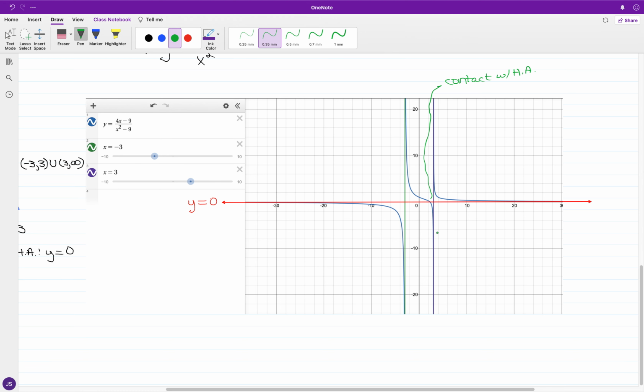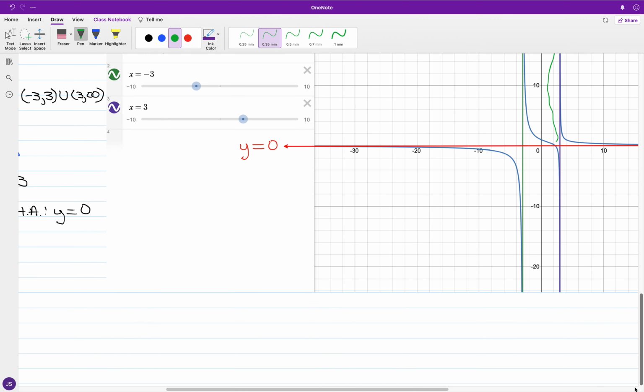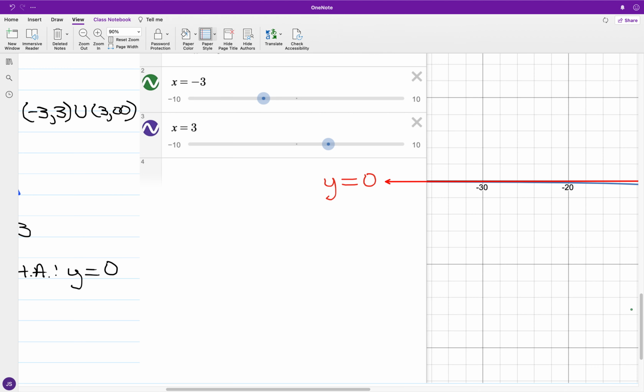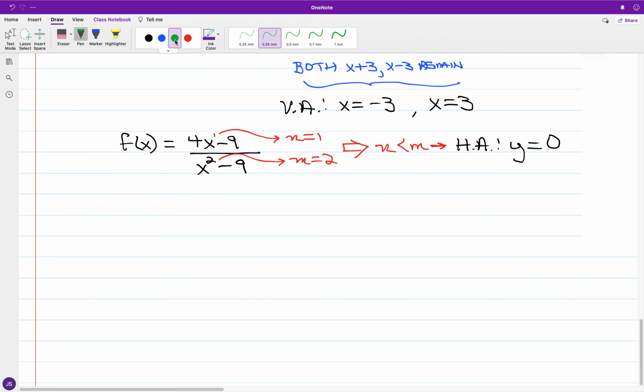Now in the case of number 60, there'll be some level of similarity with number 59. In the case of number 60, you have f of x is equal to 5x minus 8 all over x squared minus 4.